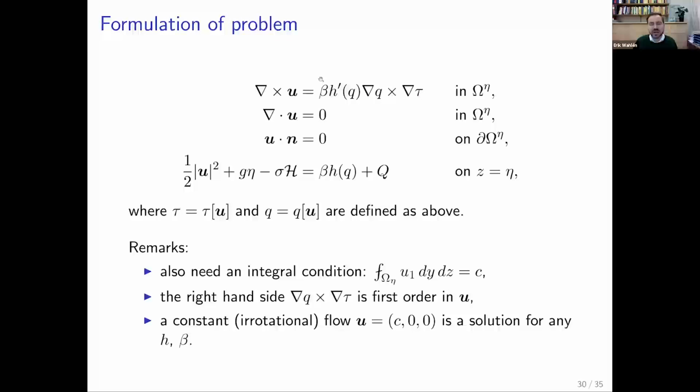It has the same regularity as the left-hand side. Another observation is that any constant, uniform flow is a solution for any h and beta. So we'll use these flows to bifurcate.